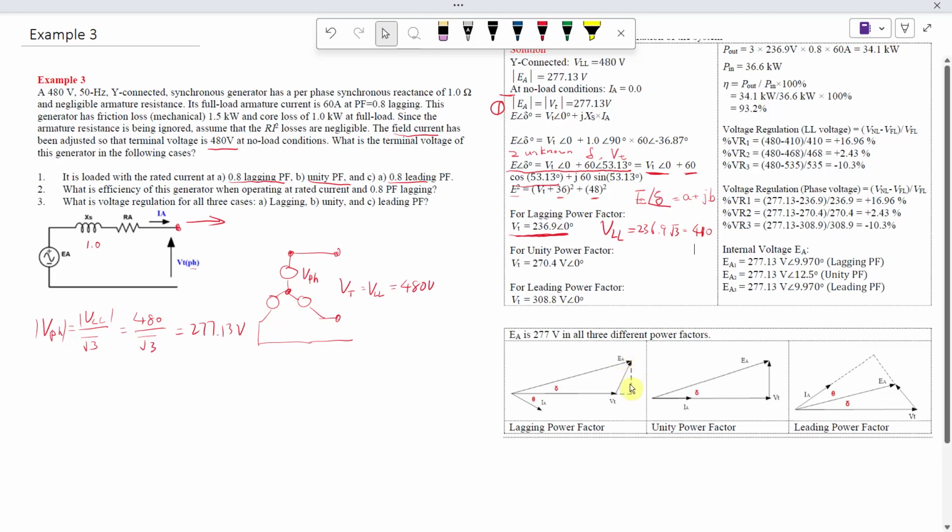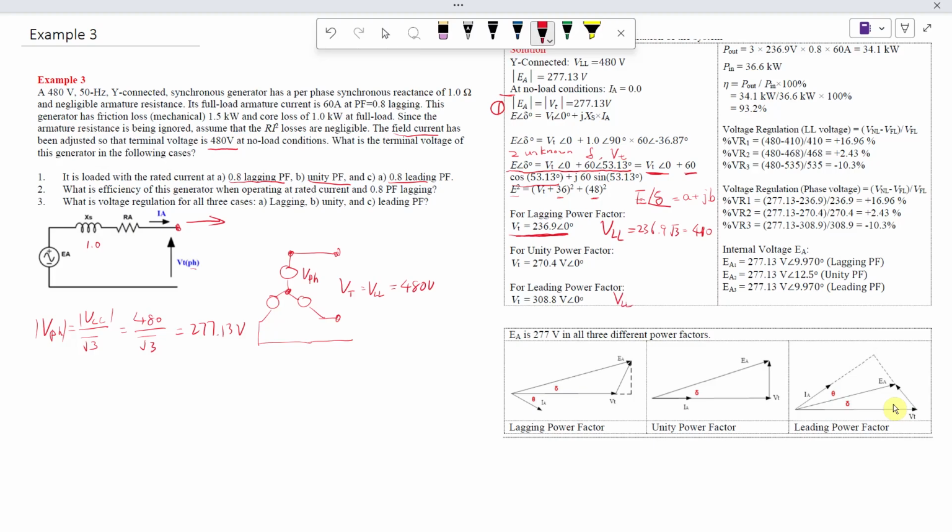And then with a unit power factor, this one becomes that little thing, IA times X, because IA and VT are aligned. There's no phase difference. And if the IA is leading, then the VT is larger than EA. You can see that as well.